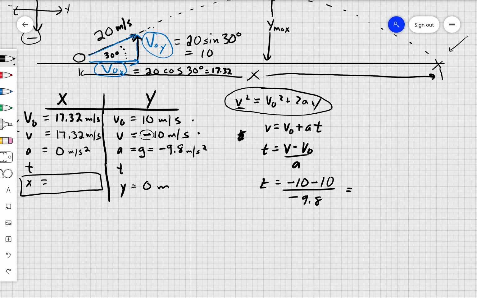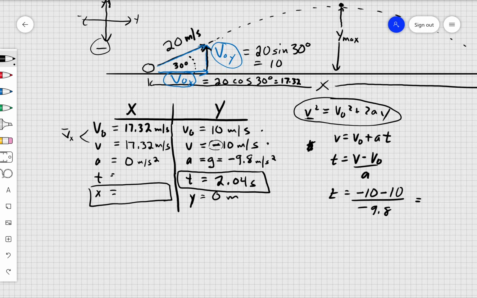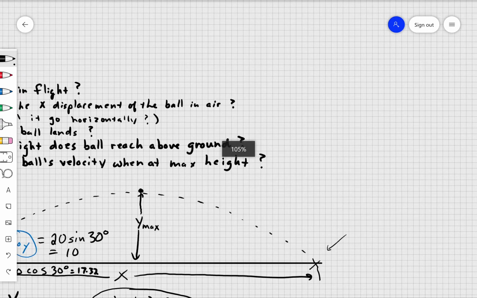That's about 2.04 seconds. That actually answers part A because the time is the same for both dimensions. 2.04 seconds is how long this projectile is in flight.